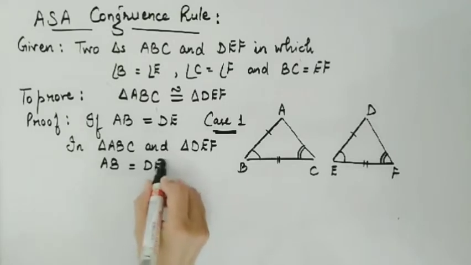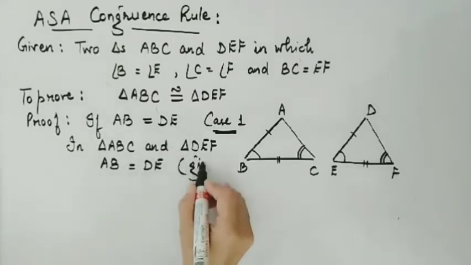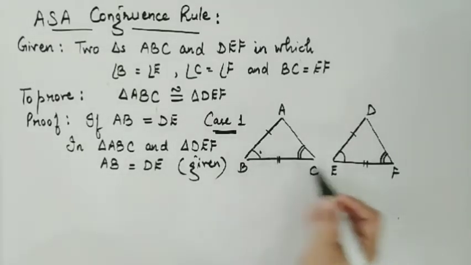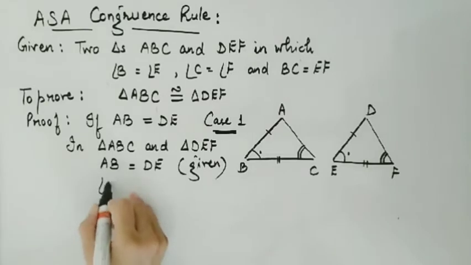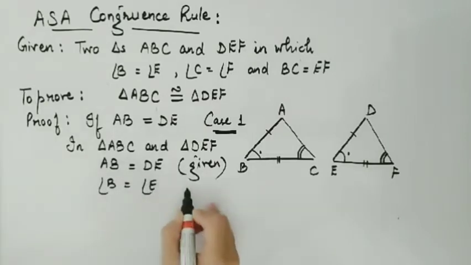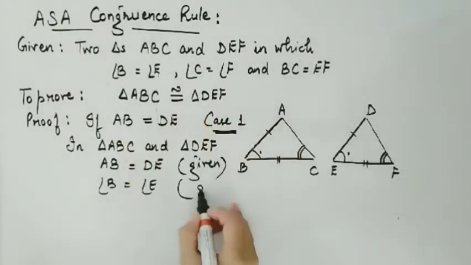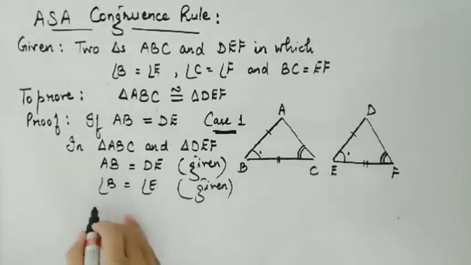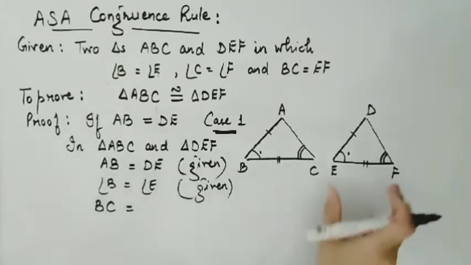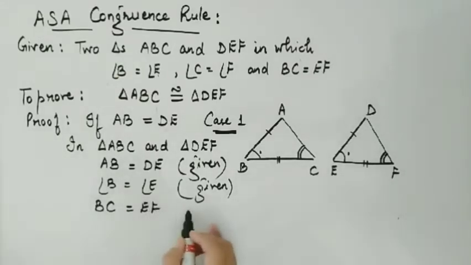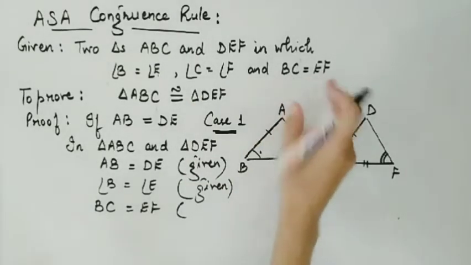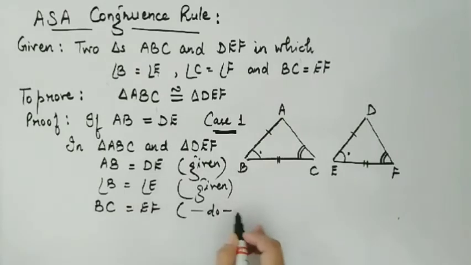Another is angle B and angle E are equal. This is given. And finally comes this side, BC and EF. They are also equal, this information is given. So I'll just write the same reason.